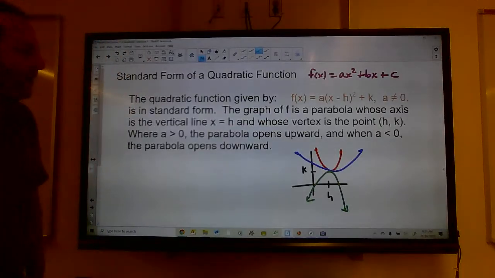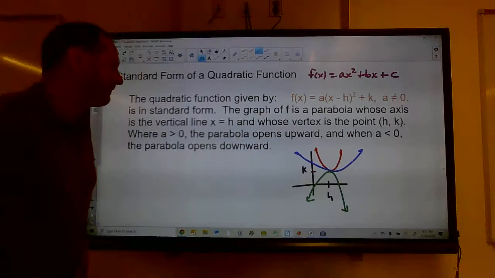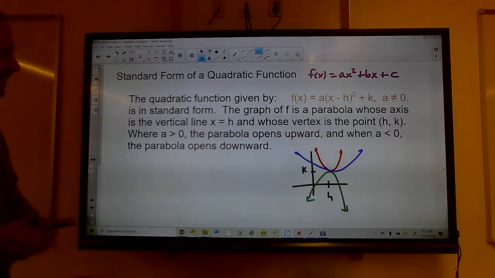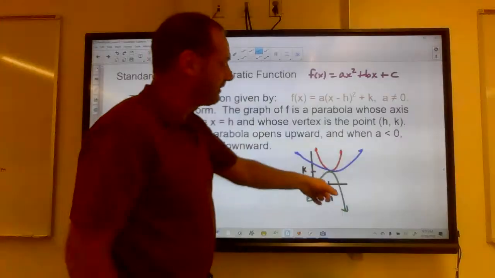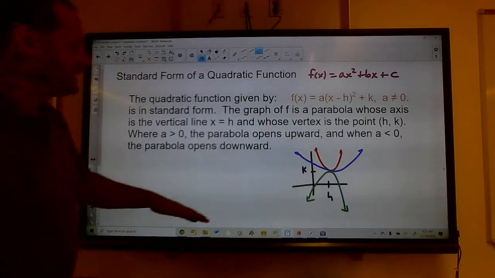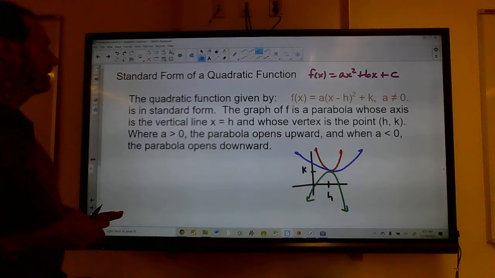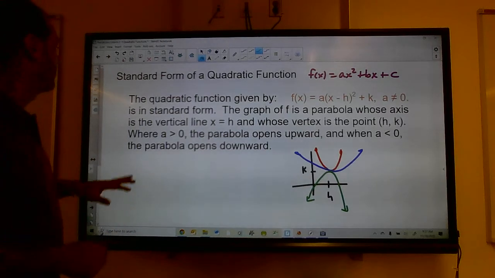Okay, they would all have hk. The only thing that's going to be different about them is whatever this a is, and I'll show you how to figure that out later. You do know that the easy part about this is if it's upside down like the green one here, a is going to be negative. If it's right side up like the blue and the red one, you know it's going to be positive. But you can figure those out. You just need to have a point on the graph.